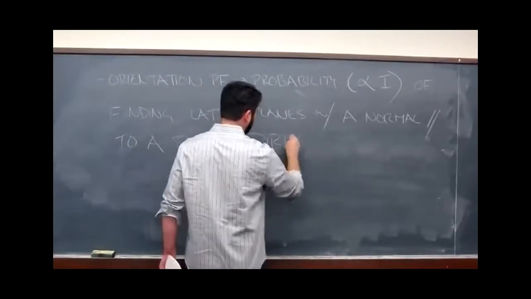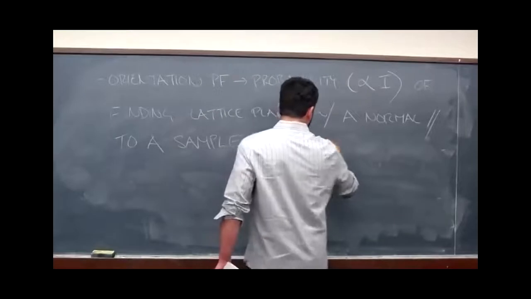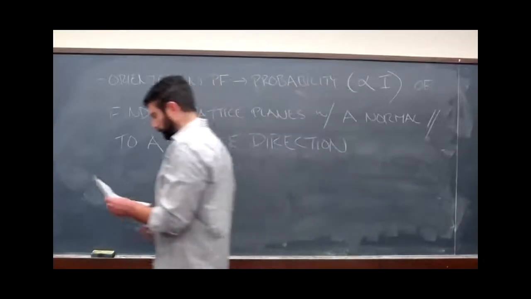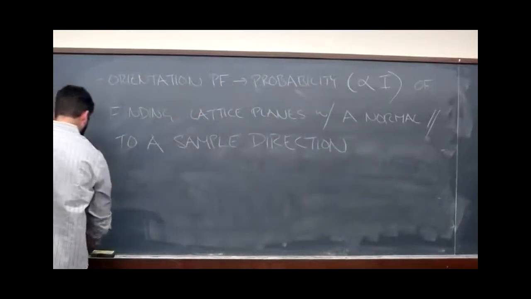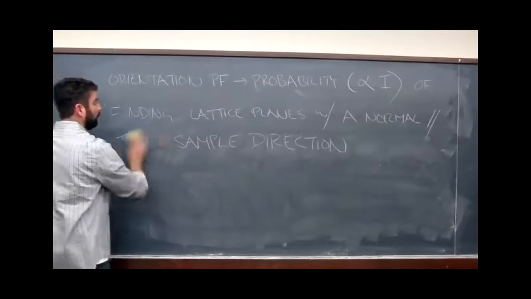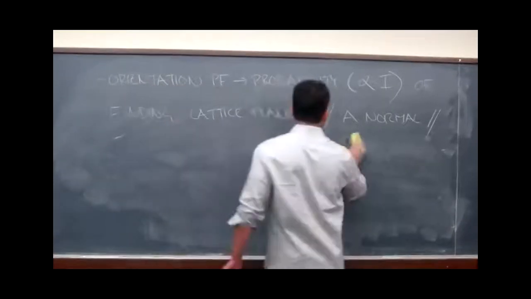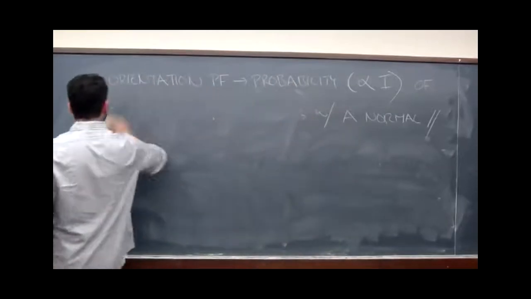This is proportional to intensity. I'm going to show examples at the end, which will hopefully make this a little bit clearer, but I just want to go over the mapping process really quickly.